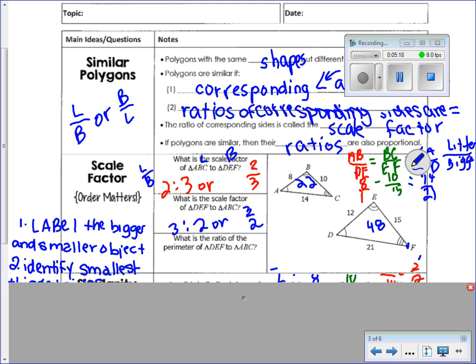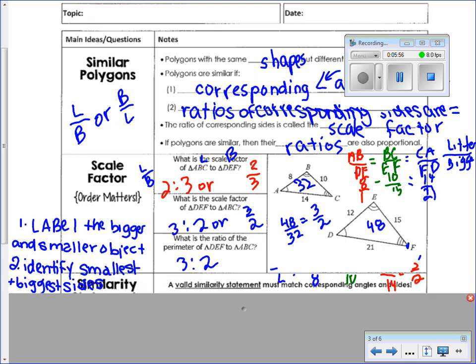Okay? Make sure I added that right. Yeah, this is 32, not 22. So my ratio of perimeters is going to be 48 over 32, or DEF over ABC. And that also equals 3 to 2. So you can draw a conclusion that if the scale factor is 3 to 2, the scale factor of your perimeter is going to be 3 to 2 as well.